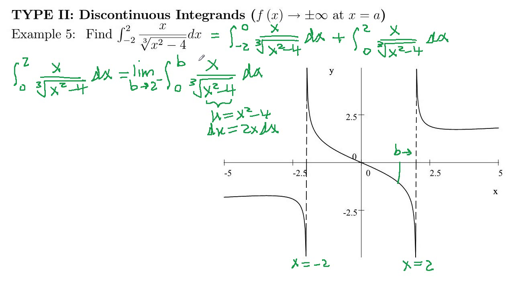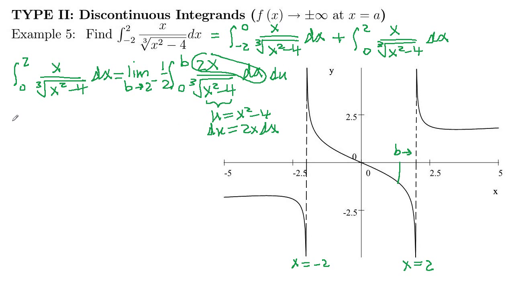Let's multiply by 2 here and then compensate outside the integral with a 1/2. So here's our du. And then in the denominator, we've got the cube root of u, which is u to the 1/3.